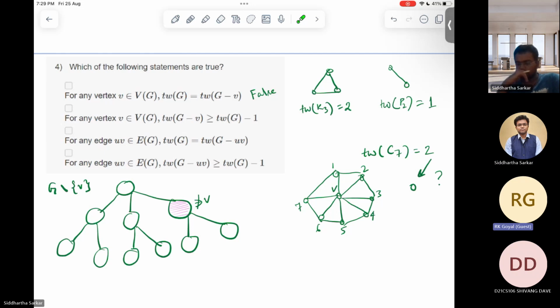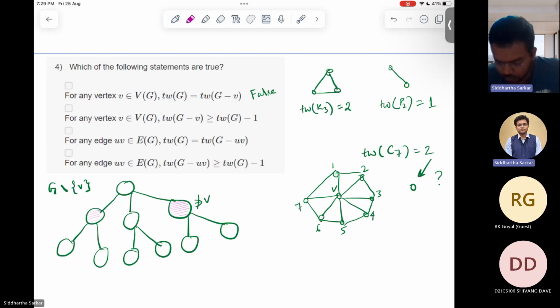Correct. Two cases may arise: either this bag contains the maximum number of vertices alone, or there could be many more bags having the same number of vertices, which are also containing the maximum number of elements. So this biggest bag need not be unique. There could be multiple largest bags.